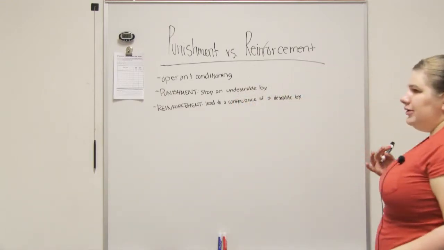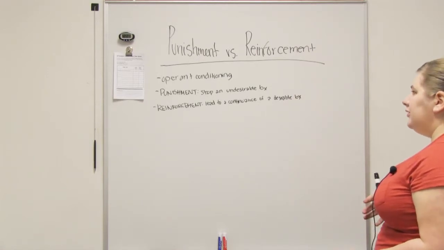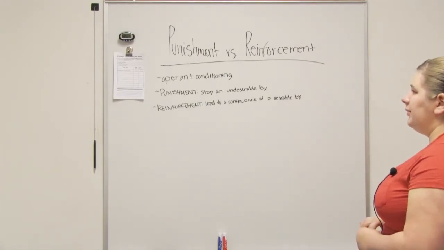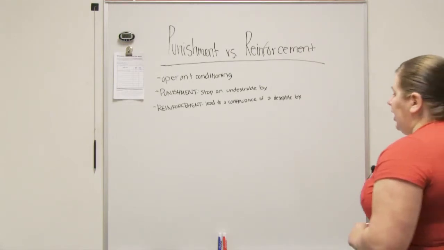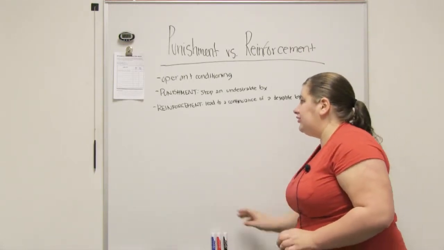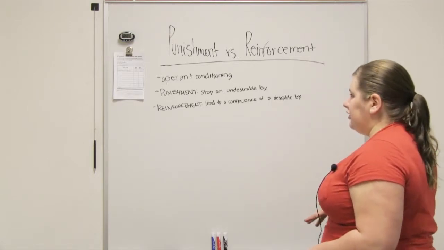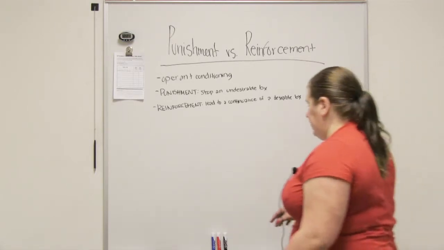So this is all about getting a test subject or a child or whoever we're trying to perform operant conditioning on to either stop or start or continue desirable or undesirable behaviors. So the tricky part is that there are two types of both punishment and reinforcement.